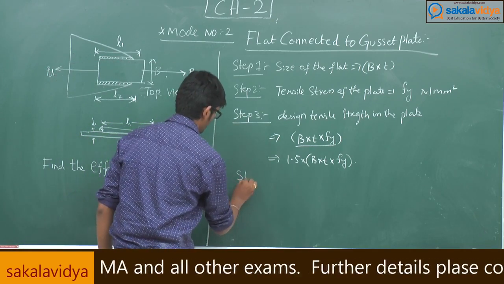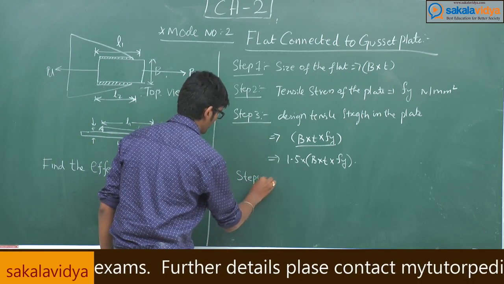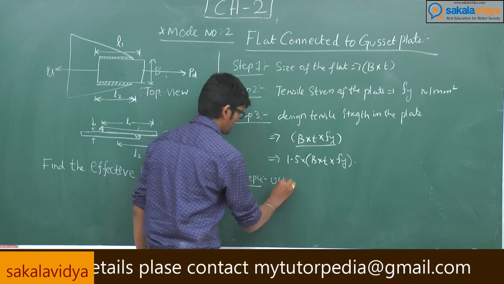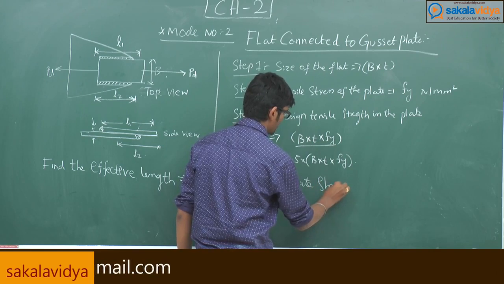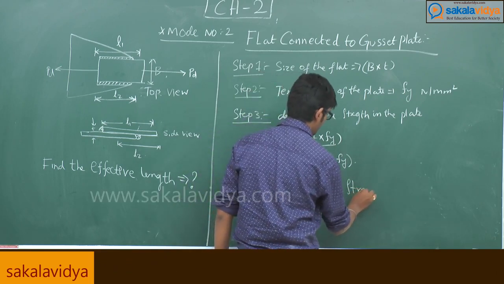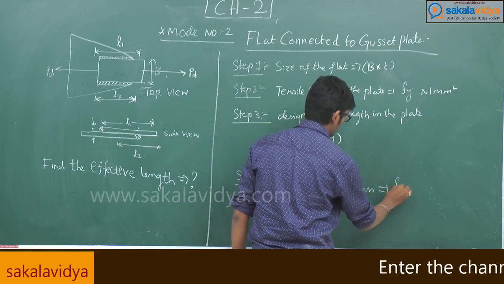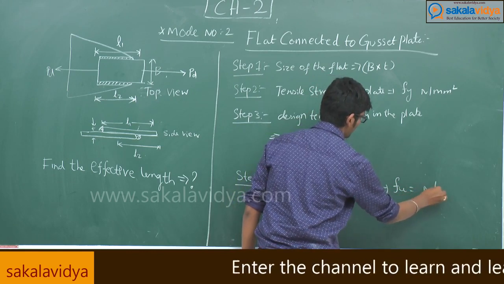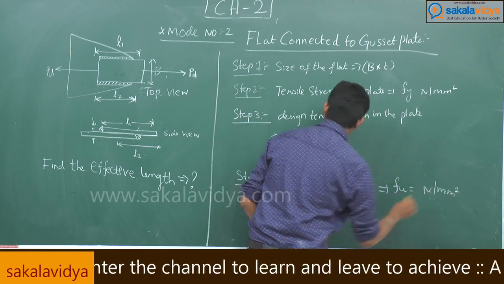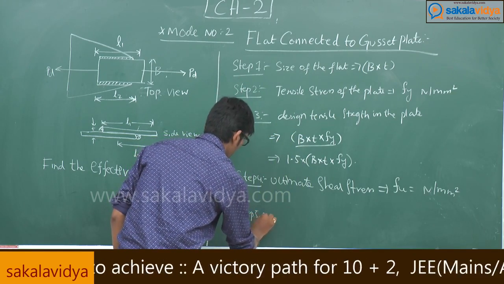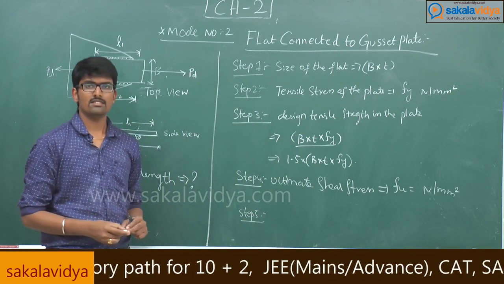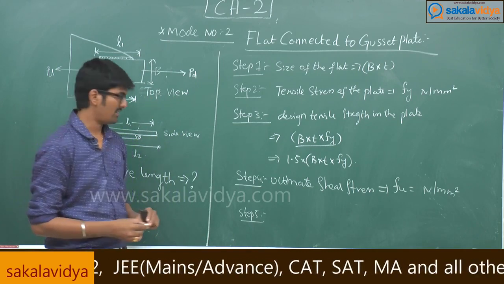Step 4, ultimate shear stress. Ultimate shear stress is denoted with F suffix u. It will be given in the question itself. Step 5 is design shear stress in the weld.